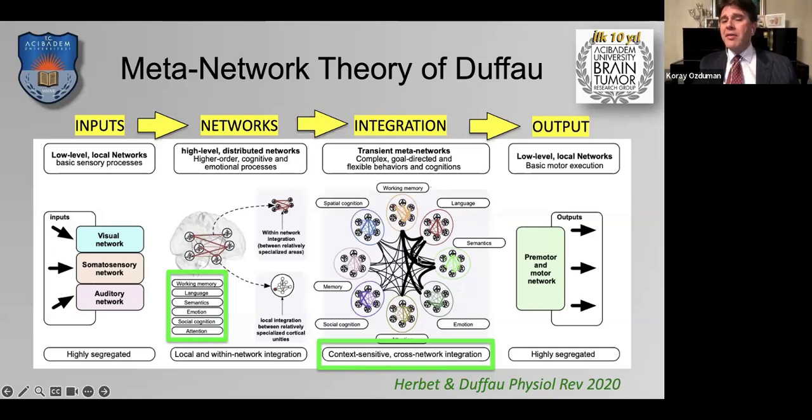So these get integrated. And after the integration, we try to interact with our surroundings using, again, these networks distributed around the brain. And we create the outputs like motor functions or speech or painting something or writing a poem, things like these.